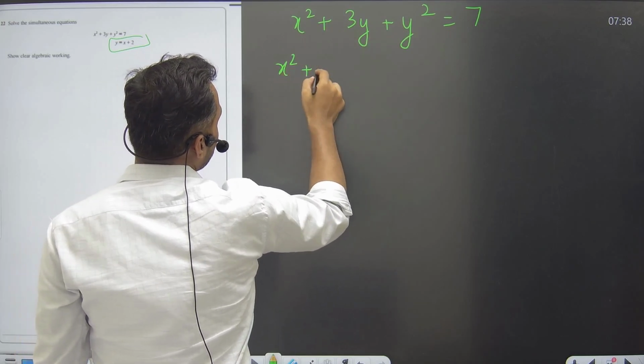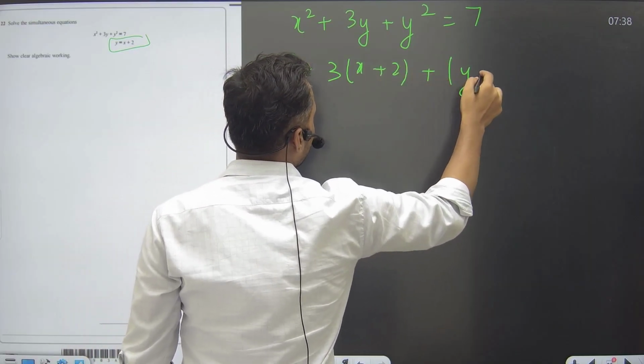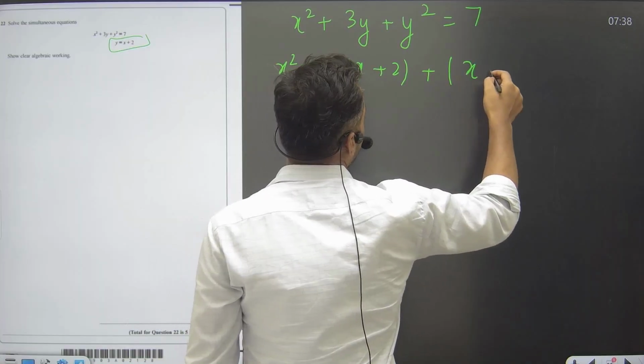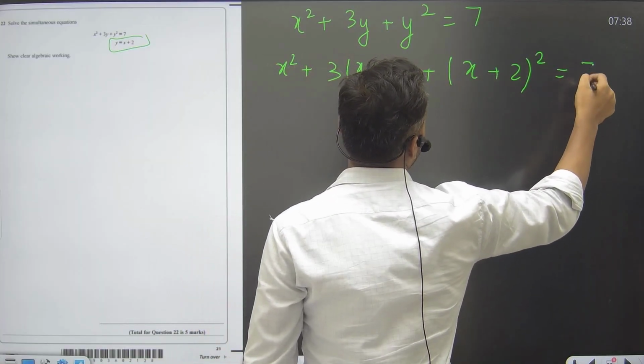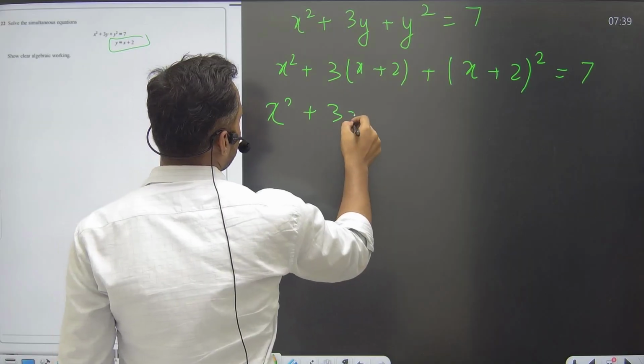So it will be x square plus 3 times (x plus 2) plus (x plus 2) whole square equals 7.